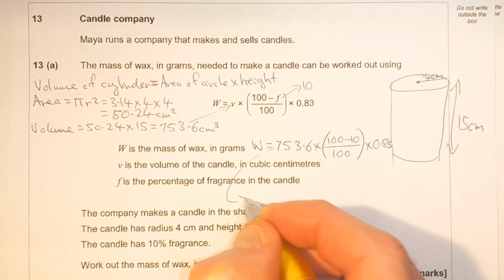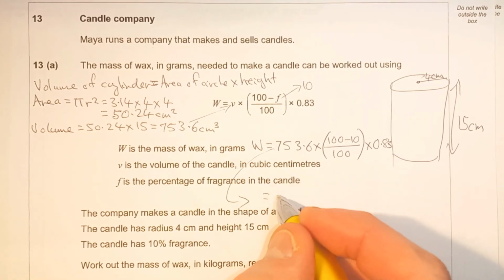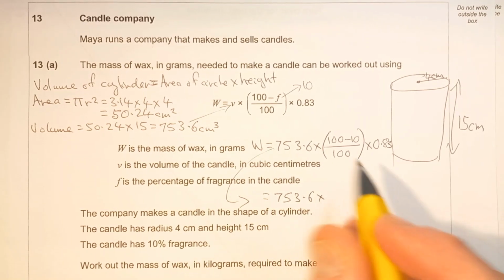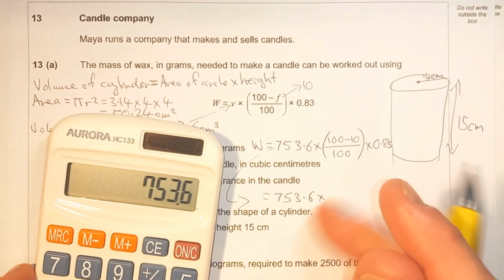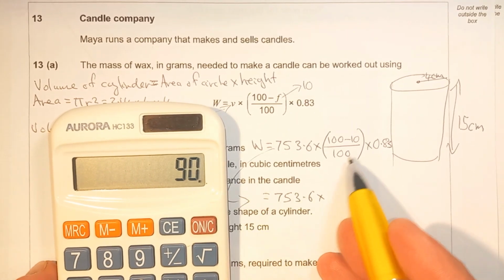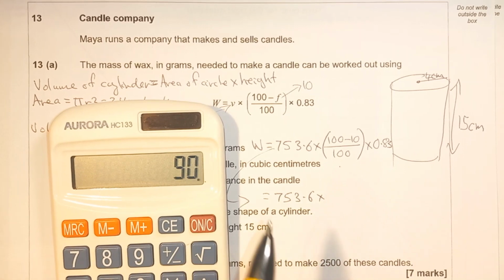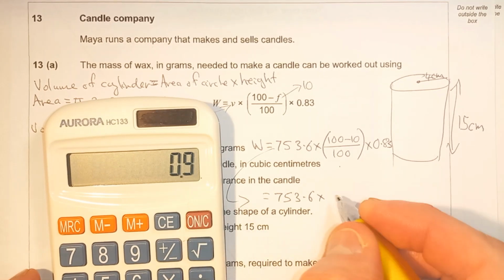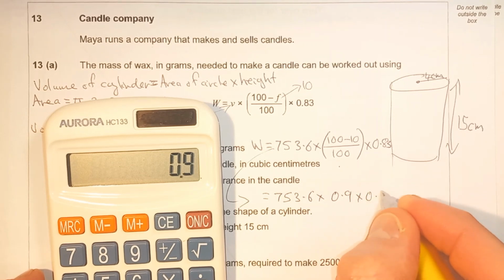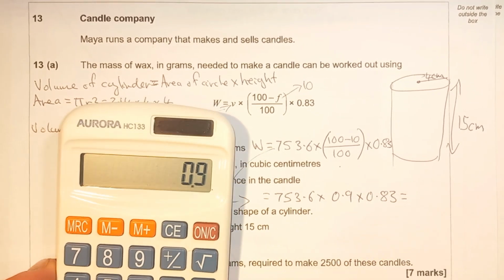Okay, let's bring this down here. So we'll keep the 753.6. Well, here we've got 100 minus 10, which is 90. I'm going to do this bit as well. So we want 90 divided by 100, which is 0.9. And then we multiply by 0.83.